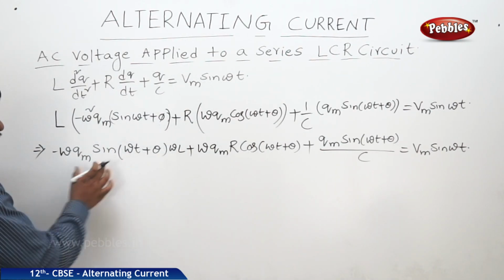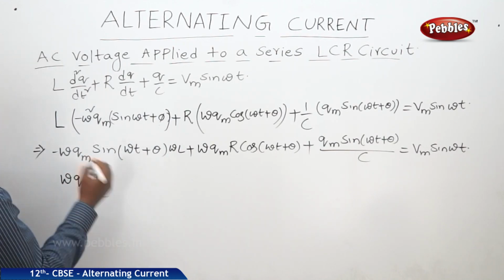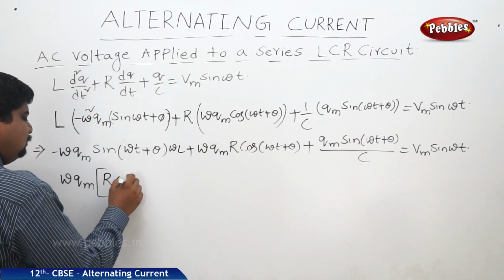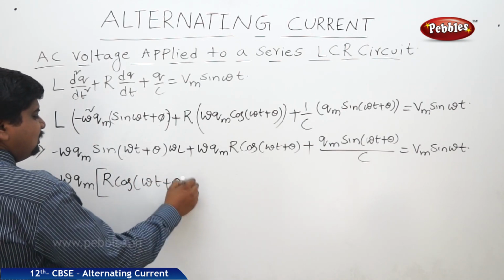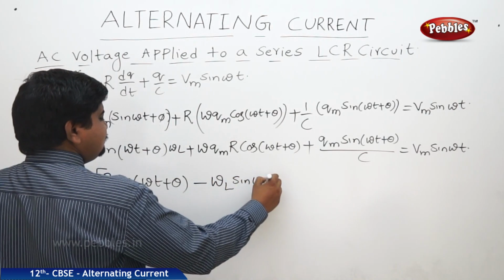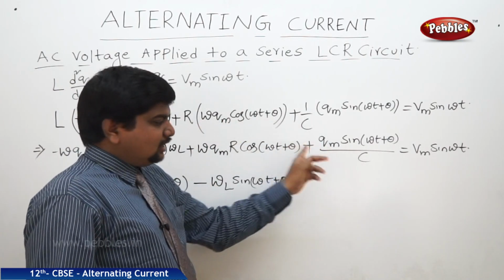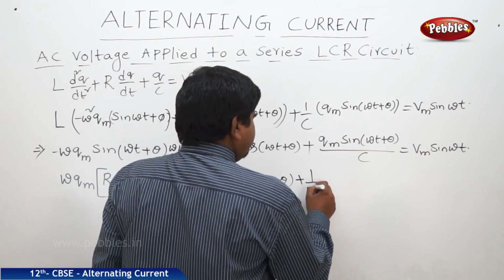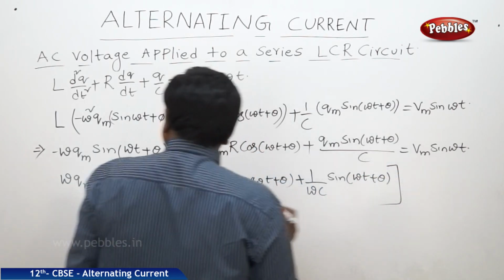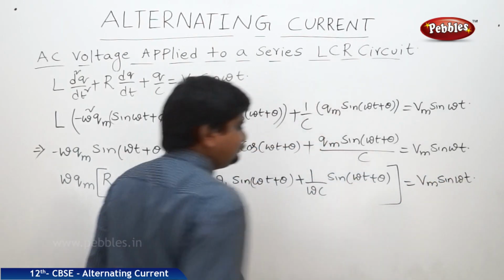Now I am taking ω qm as common on the LHS side of the equation. Therefore, if I take ω qm as common, what can we write? R cos(ωt + θ) minus ωL sin(ωt + θ), and here qm is already common, so we can write plus 1/(ωC) into sin(ωt + θ) is equal to Vm sin ωt.